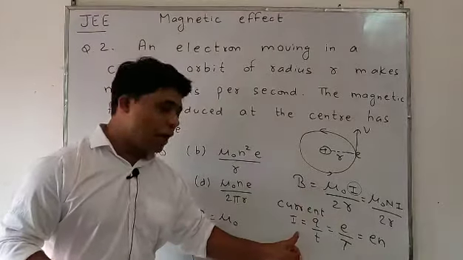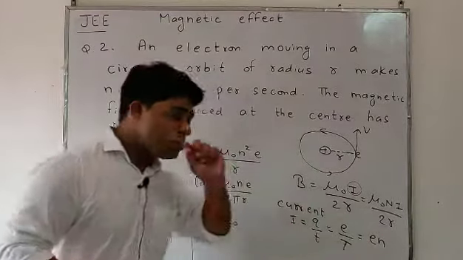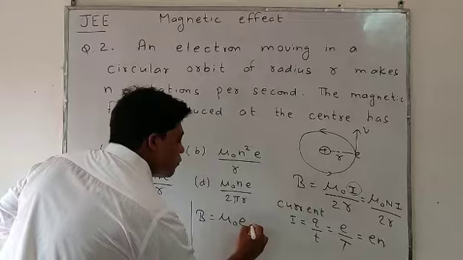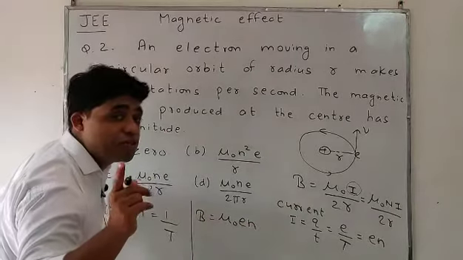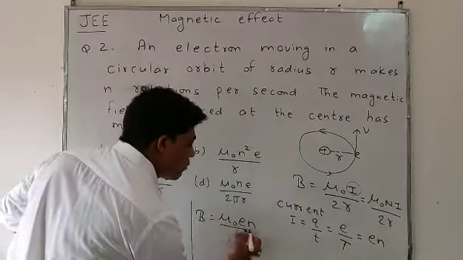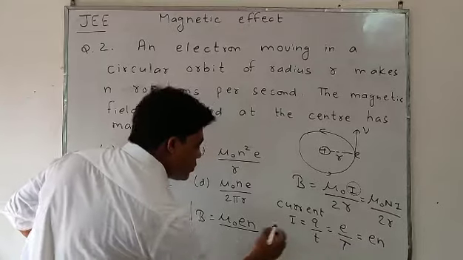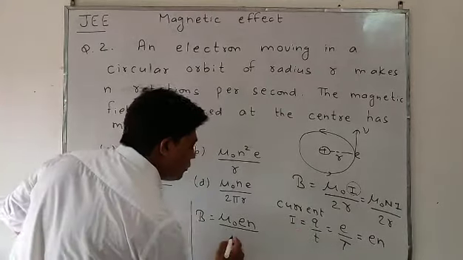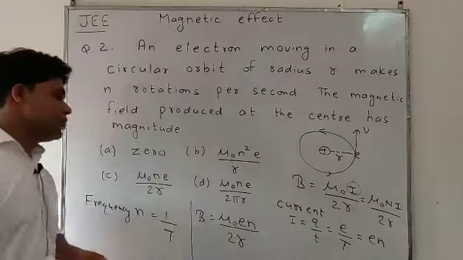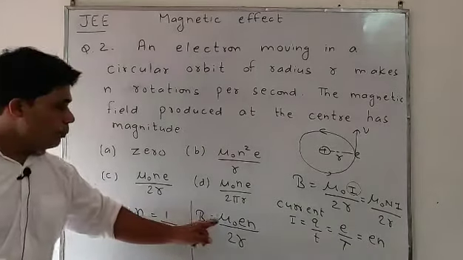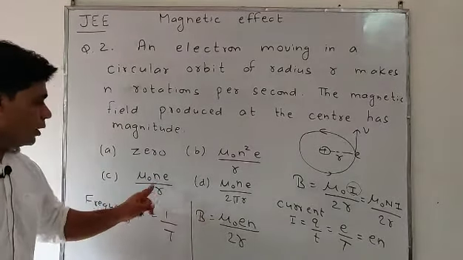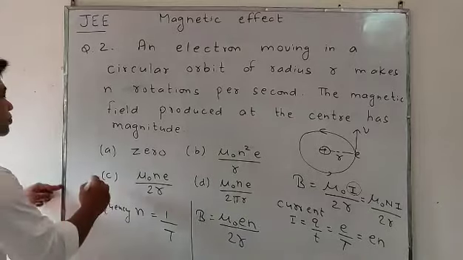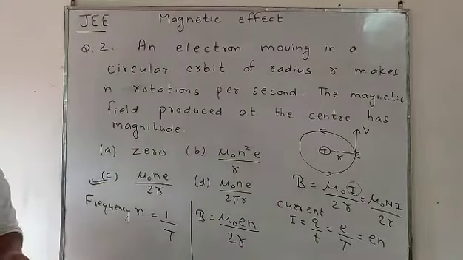We got the value of I: I is e n, where e is the charge of the electron and small n is frequency. And there is 2r. So check the option, which one is correct? Mu naught e n upon 2r. Option C is the correct option.